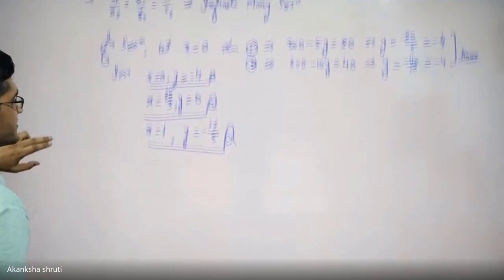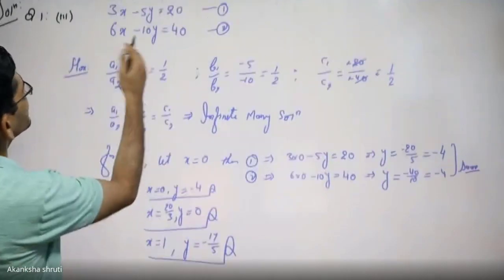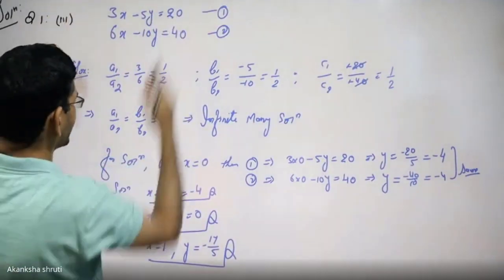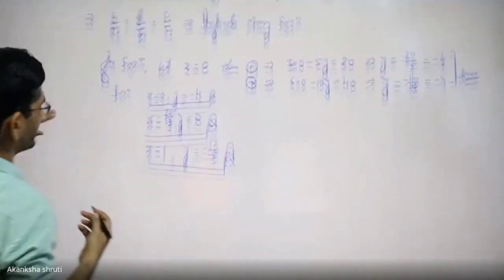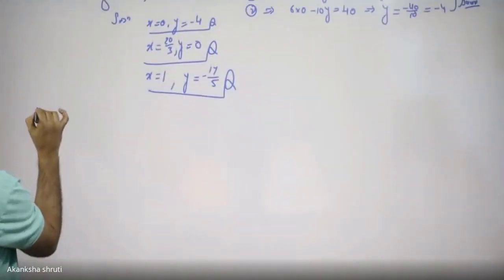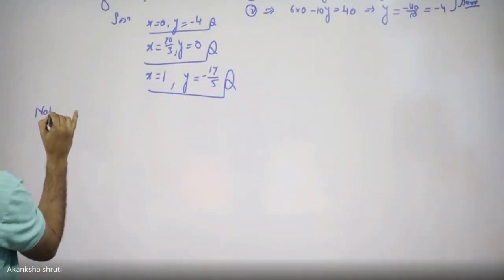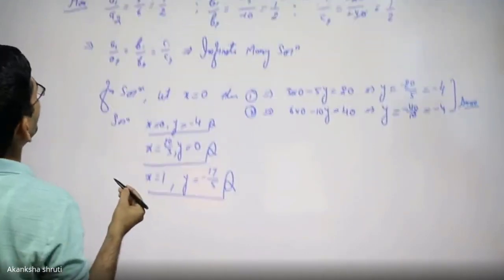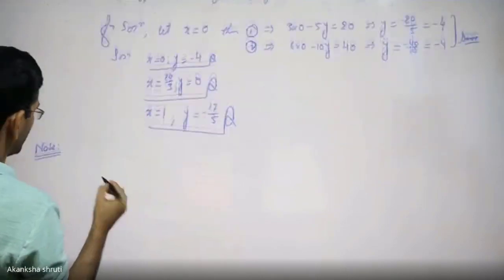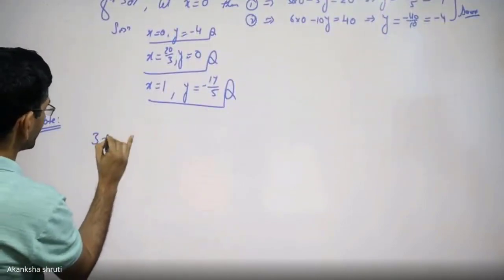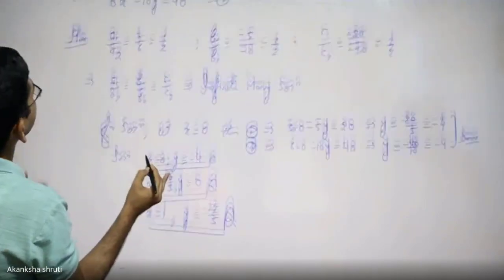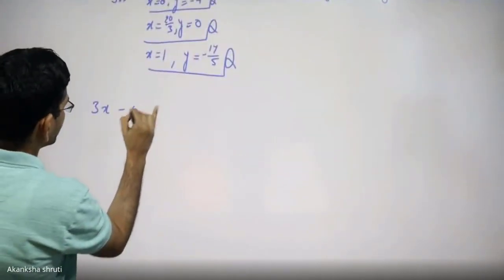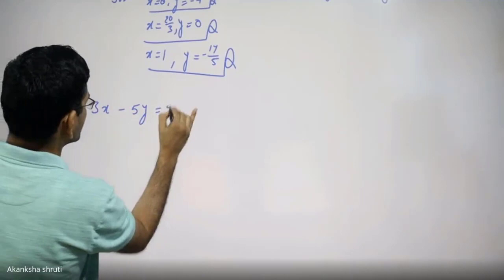As students, if you are thinking, let me solve this by applying any method, then what is going to happen? So write a note here. If I apply the methods, the given equations are 3x minus 5y equals 20.